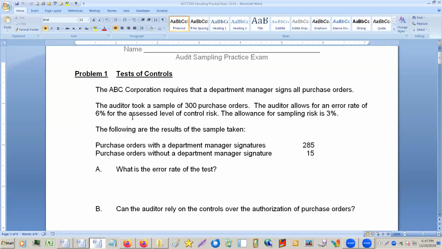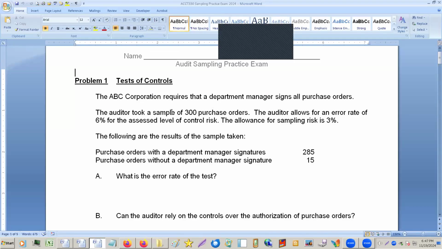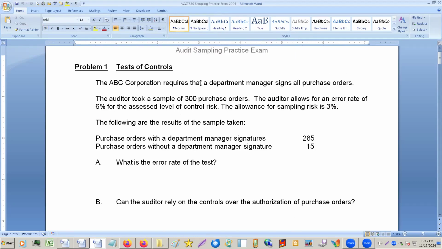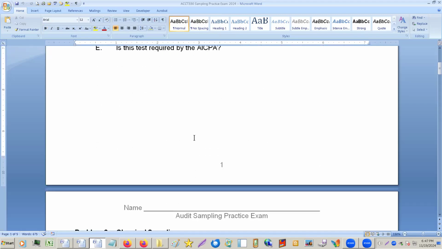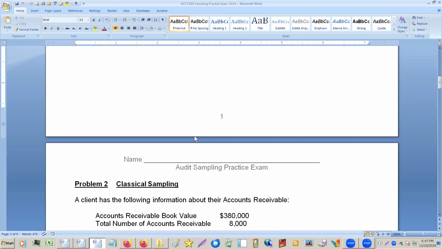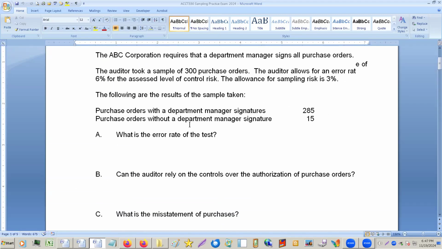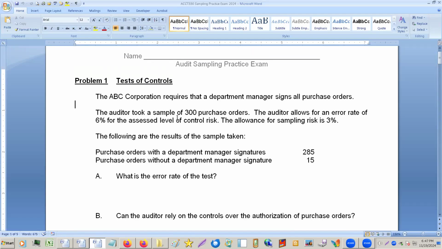It's not worse. It's good stuff. It's on the CPA exam, but there's a lot to them. So let's go to our practice exam, and we'll do the first one, then we'll take a break, and then we'll do the other stuff.